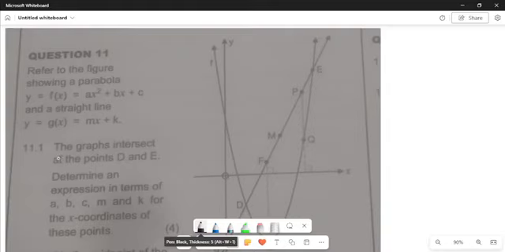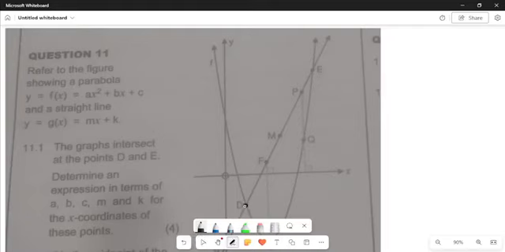And then the first question, the graphs intersect at the points D and E. Determine an expression in terms of a, b, c, m, and k for the x-coordinates of these points. So we are given two functions. One is a straight line and the other a parabola.